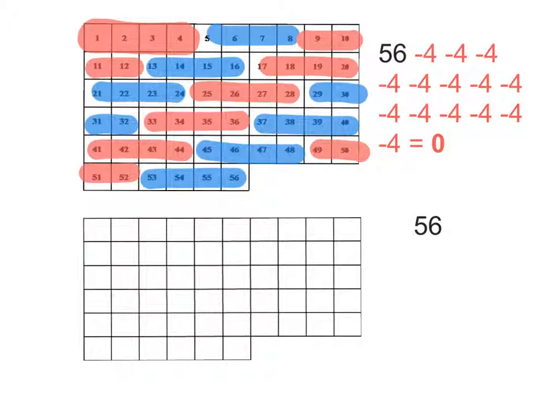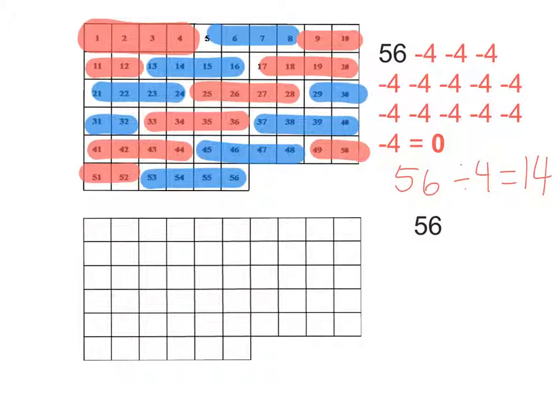So therefore, 56 divided by 4 is equal to 14. 14 groups of 4. This makes sense because we know division is like repeated subtraction. Now, this takes a really long time. We're going to do it faster by now using the friendly number strategy.